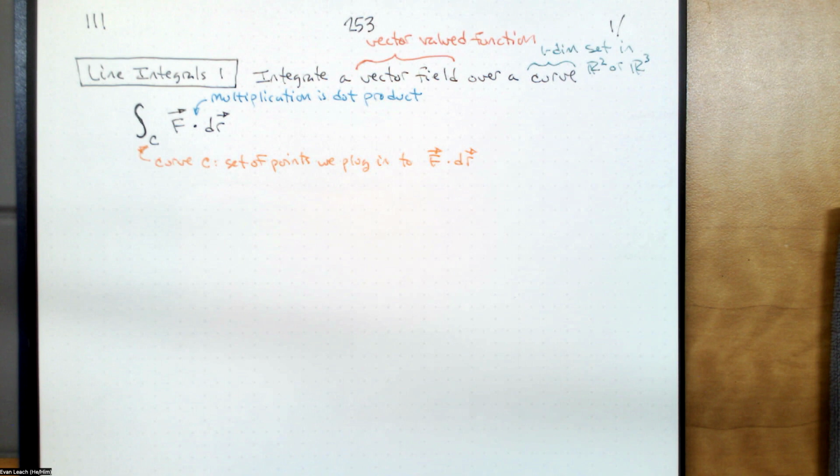Just like when we said the integral from a to b of f of x dx, it's all the values where we calculate f of x dx. We plug in all the real numbers from a to b and add them up. We're going to do the same thing here. At all the points along the curve C, we're going to evaluate f dot dr and add up the results.